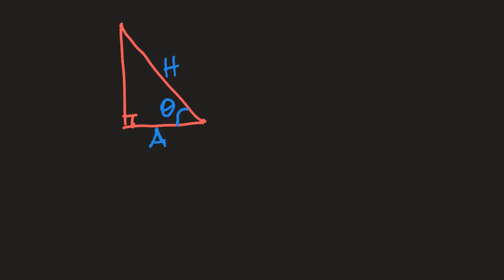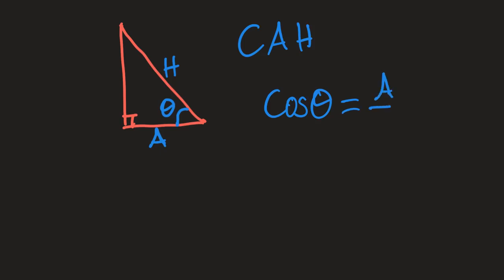All right, so we have A, we have H. Well, which one does that match the closest? That is Cah. So we're going to use our cosine of theta is equal to our adjacent divided by our hypotenuse. Remember, the second letter is divided by the third letter.